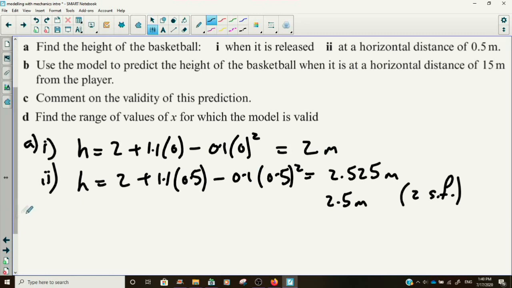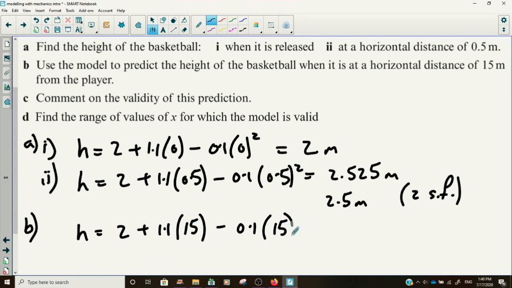Let's move on to part B. It says, use the model to predict the height of the basketball when it's at a horizontal distance of 15 meters. Right, so we just need to do the same thing, but we're going to put 15 in as our value for x. Okay, so again, just pop that into your calculator and work out the value.